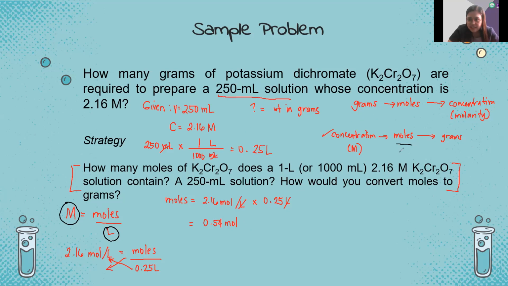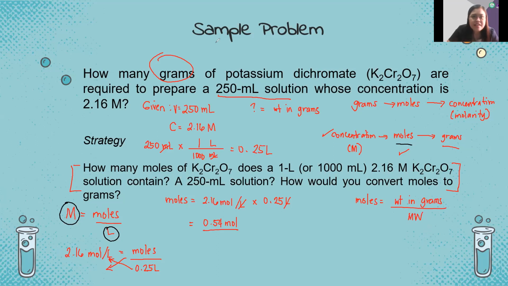So yes, we have computed the number of moles. What we will do now is convert this into grams, because that is asked in the problem. How many grams of the potassium dichromate? You can use the formula I gave previously. In the previous slide, I gave moles equals weight in grams over the molecular weight.